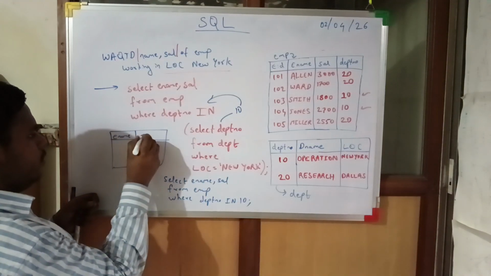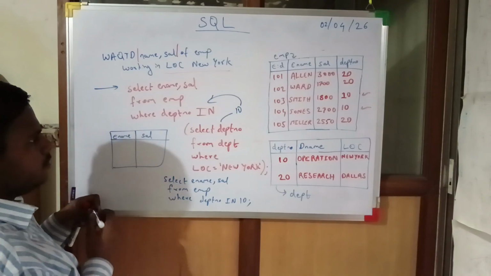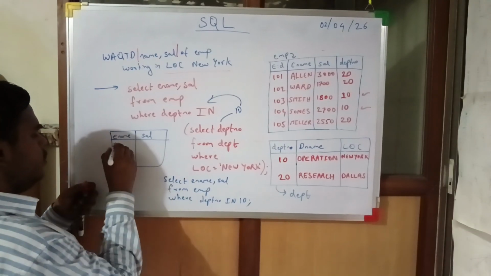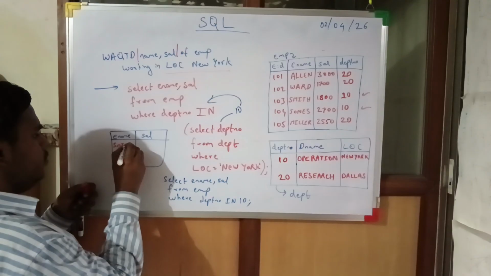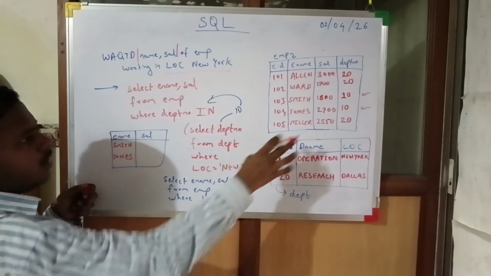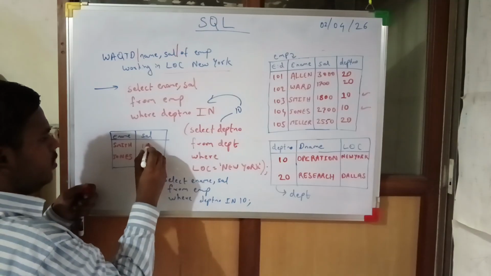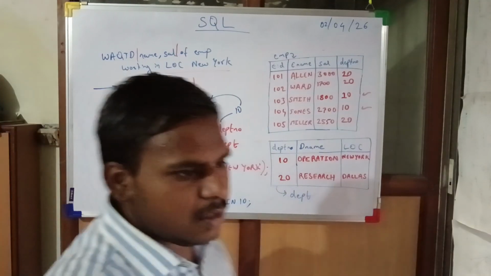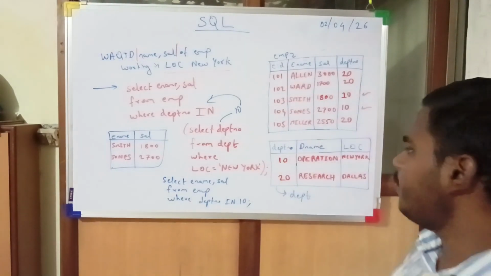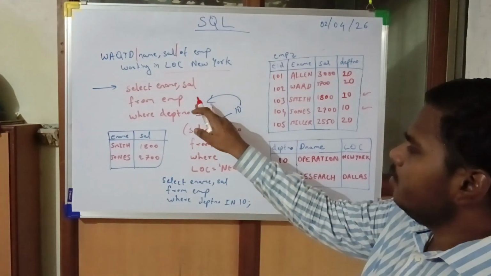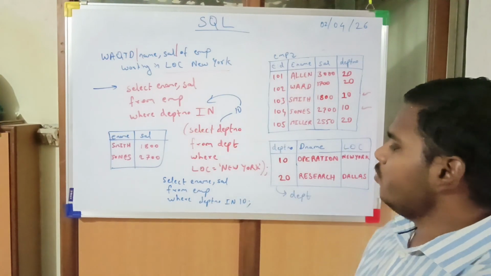Ename, Sal, Smith, Jones. What is the salary? 1800, 2700. This is how the query will work. What is happening? The inner query is giving department number, which is given as an input to the outer query.